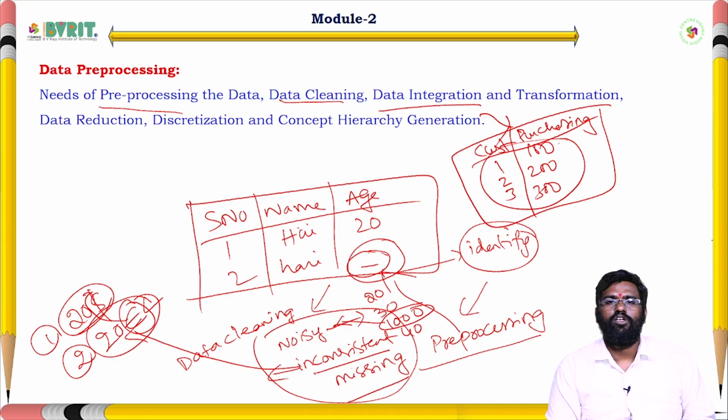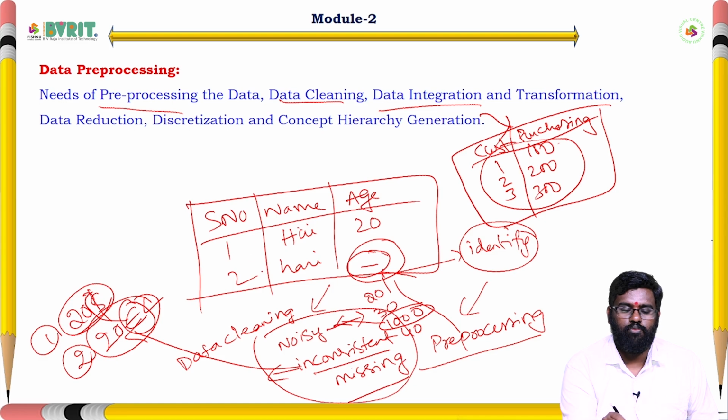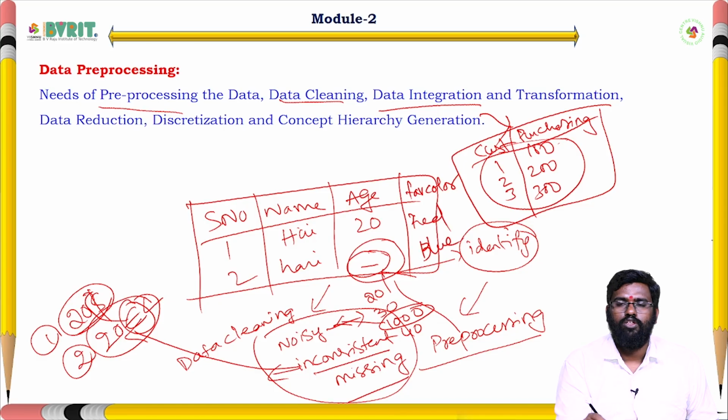Then data reduction. Data reduction means it is used to remove unnecessary data from the given data warehouse attributes. For example, serial number, name, age, and favorite color, where some say red, some say blue.